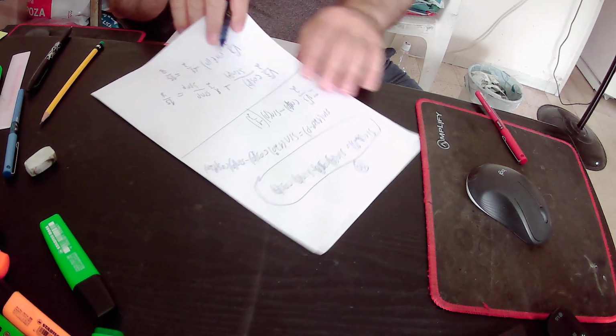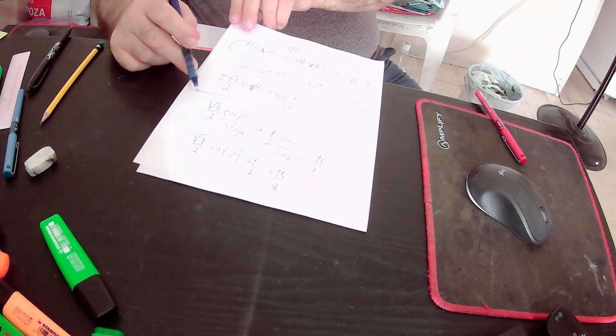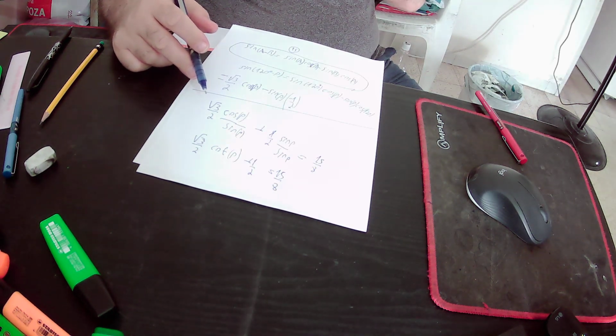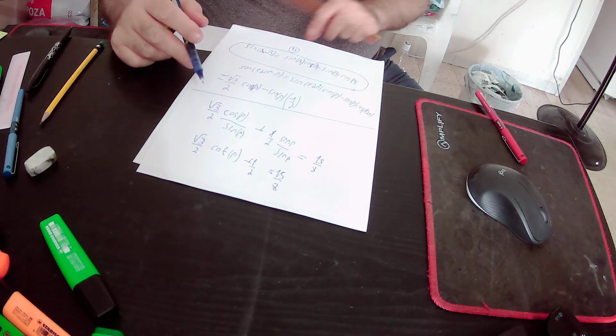Okay, root 3 over 2 times cotangent p plus 1 over 2 equals 15 over 8.